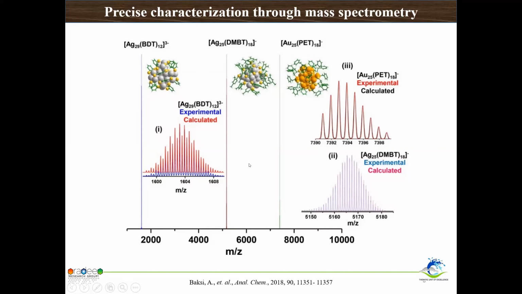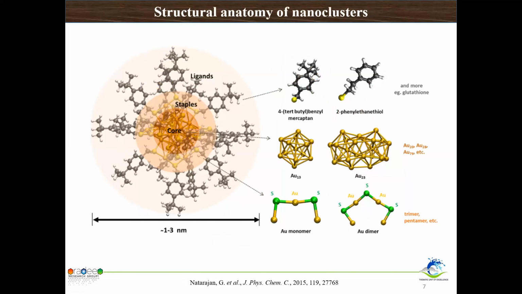Though mass spectrometry can give us the complete composition of a nanocluster, the structural details cannot be obtained from mass spectrometry. For that, we need a single crystal to diffract and get the single crystal structure. Most of the nanoclusters consist of a metal core which is stabilized by an outer staple made up of metal and ligands.